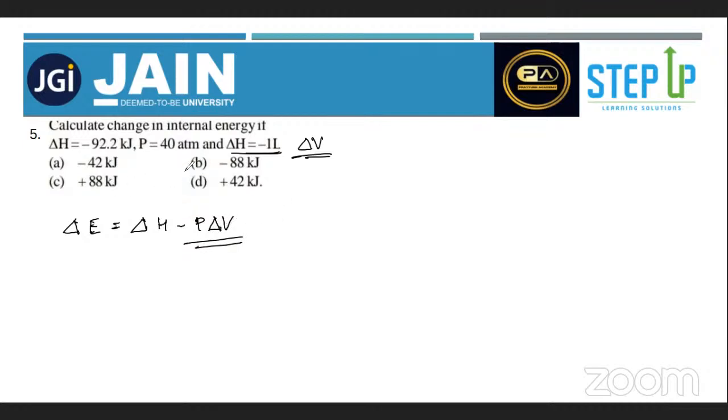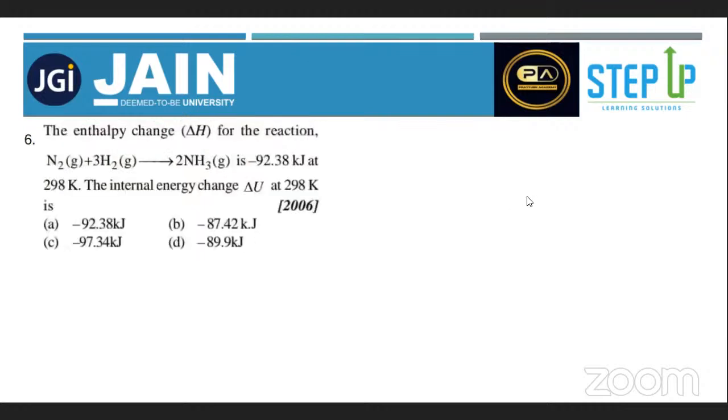And this comes something around minus 88 kilojoule. First law. Second law, when we are trying to find out your internal energy in terms of delta H, PdV. PdV is with the work done. Okay, next.